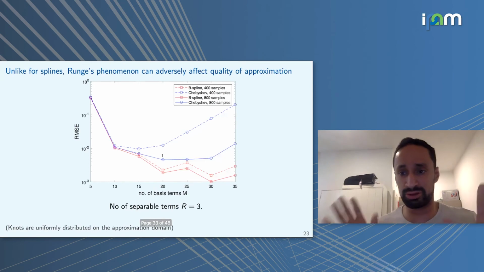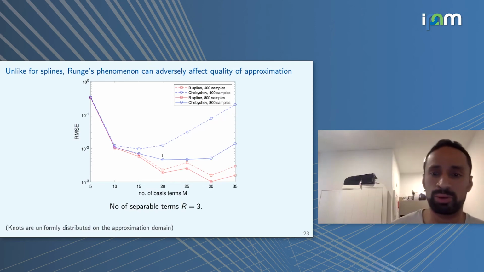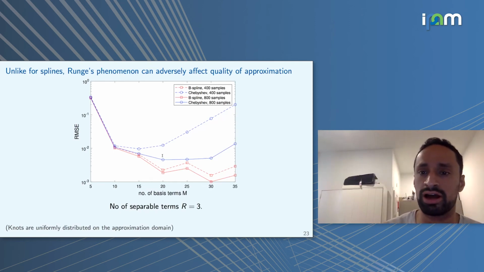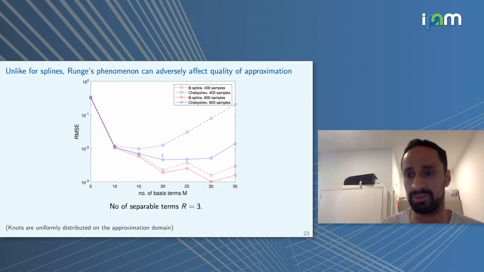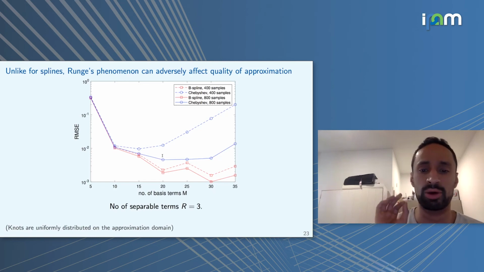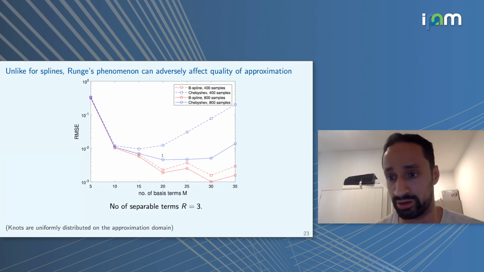Now we took the same function and did an experiment comparing it with Chebyshev. We took either 400 samples or 800 samples of the function, randomly and uniformly distributed. Then we use our method and plot the root mean squared error as a function of the number of basis terms we use.